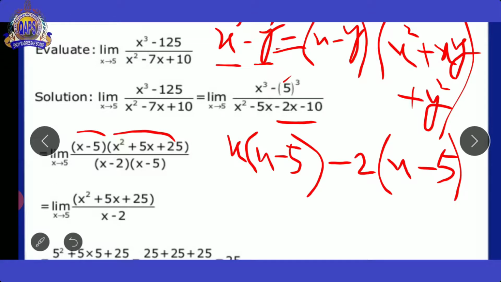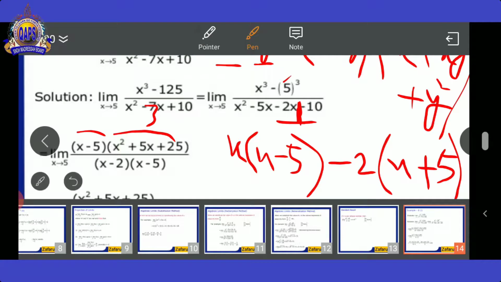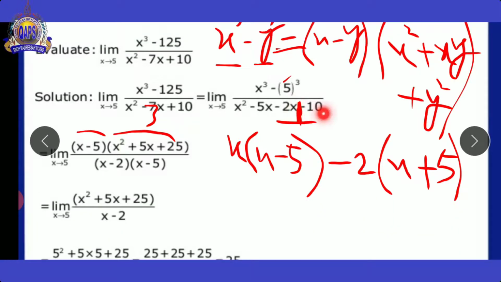Sorry, this is not 7 but this is 3. This is positive 10. So that's why we create this 10 in the sense of positive. So that's why this will become negative.